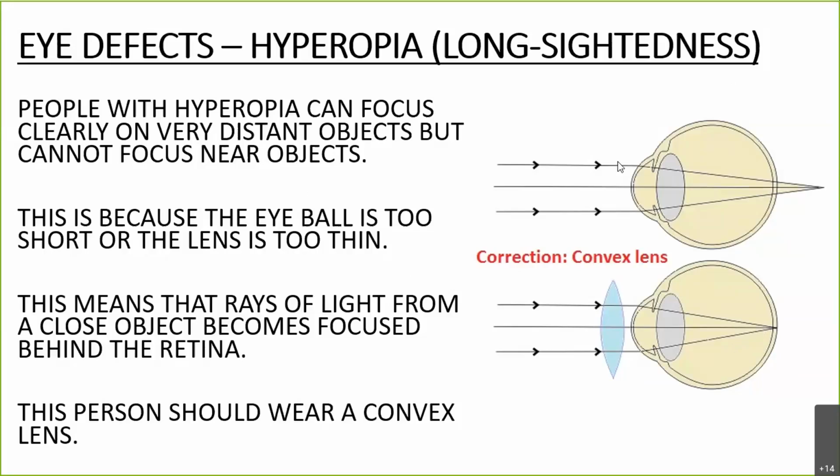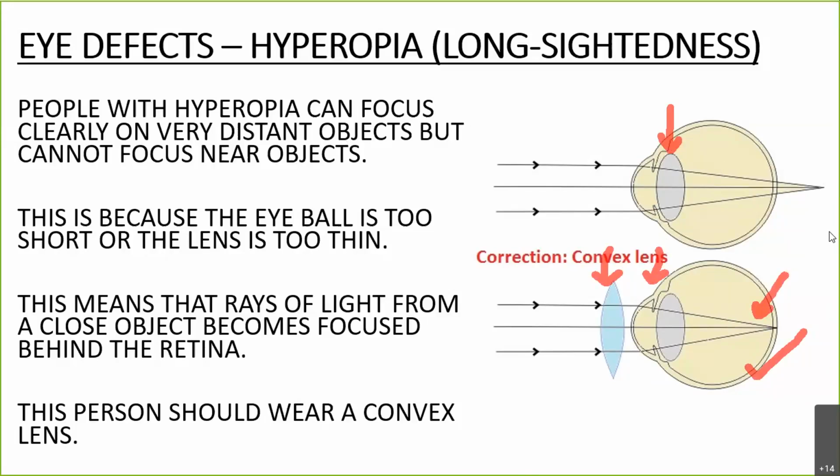The top picture shows what the light does when the only lens being used to focus is the person's eye lens. But in the bottom, the correction, the light passes through the convex lens before it goes through the person's eye lens, resulting in focus on the retina. Corrected. Okay, so that's the first one.